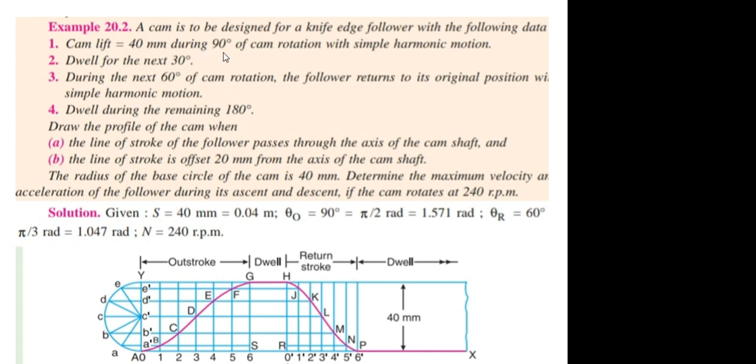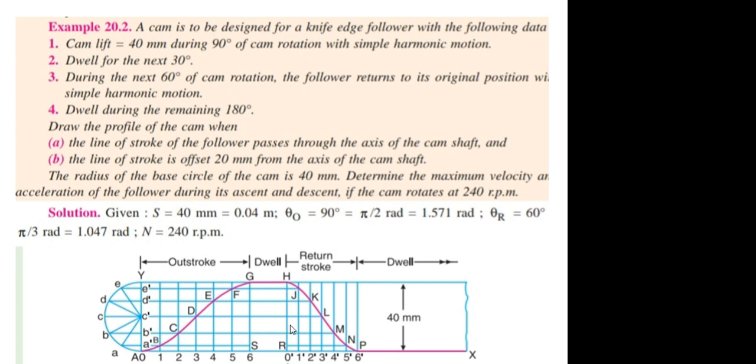Now during outstroke, that is during 90 degree rotation of the cam, the follower moves from its bottommost position to topmost position with a follower lift of 40 mm. And during outstroke, the follower moves with simple harmonic motion. For the next 30 degree, there is a dwell period, that is during this much rotation of cam, the follower is in rest position.